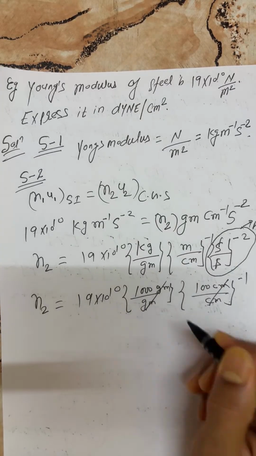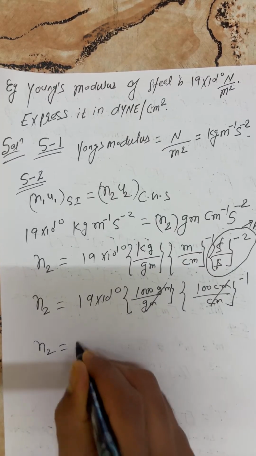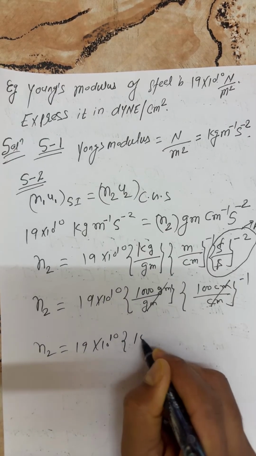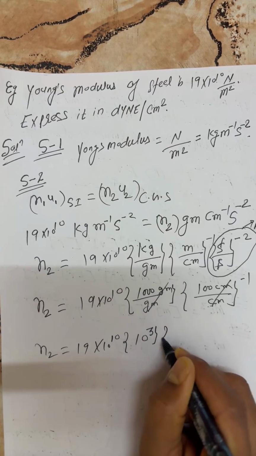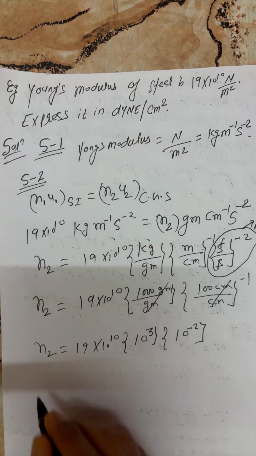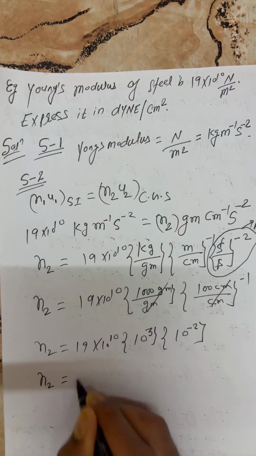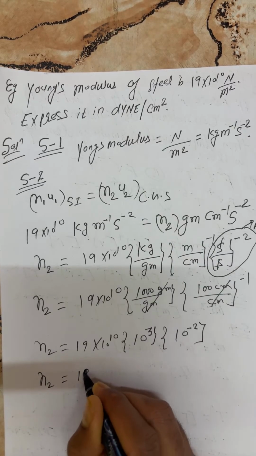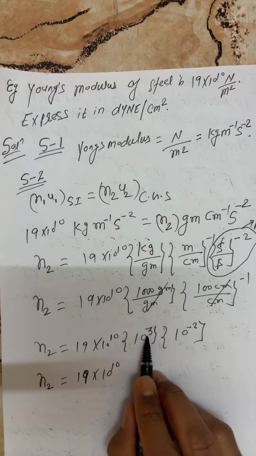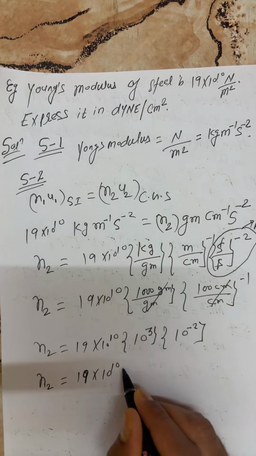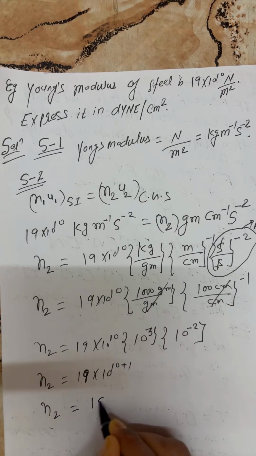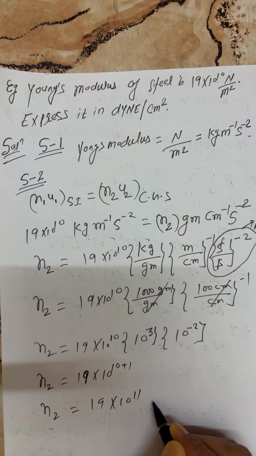So n2 equals 19 into 10 to the power 10 into 10 to the power 3 into 10 to the power minus 2. So n2 equals 19 into 10 to the power 10, 3 minus 2 is 1, so n2 is 19 into 10 to the power 11.